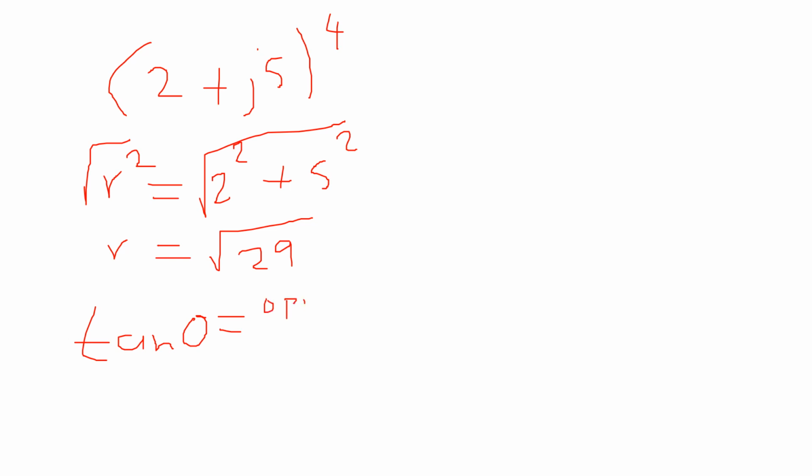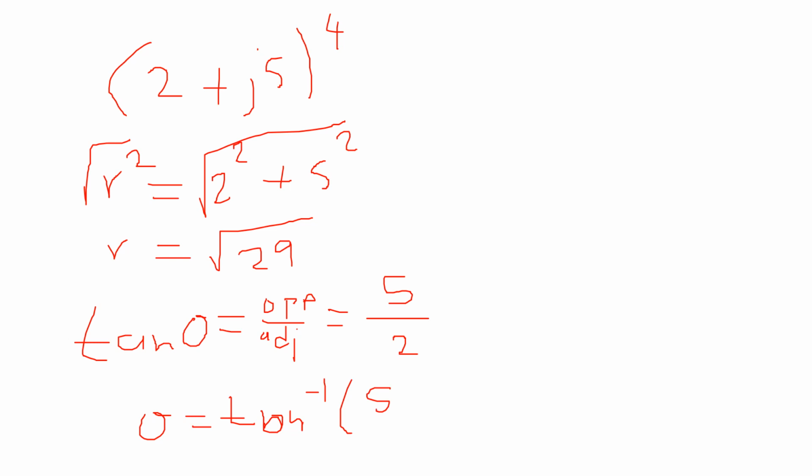Our opposite side is on the y-axis, which is the imaginary number, so it's 5, all divided by the adjacent side, which is 2. That means our theta is going to be the inverse function of tangent. If the angle inside the tangent is positive, that means the answer that you get here is the real angle.